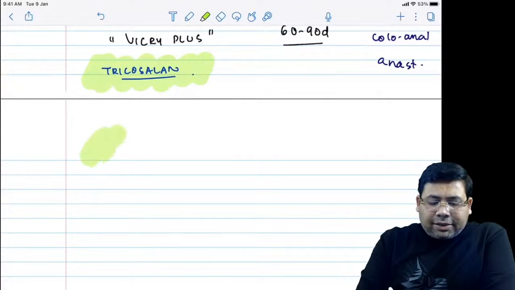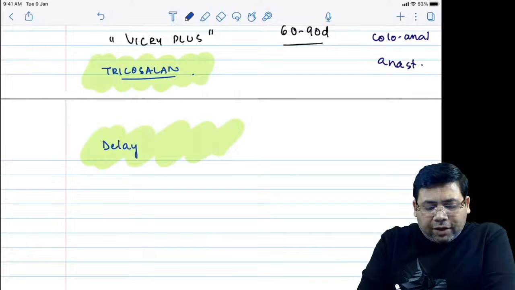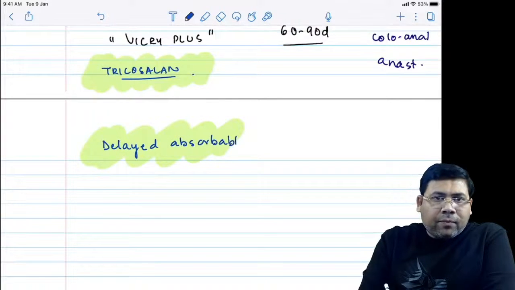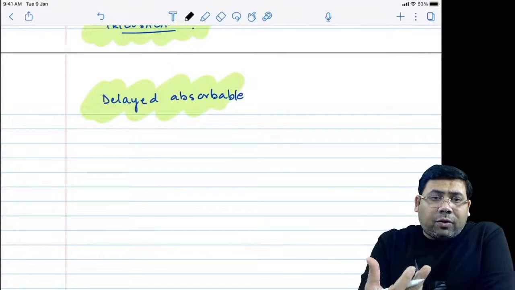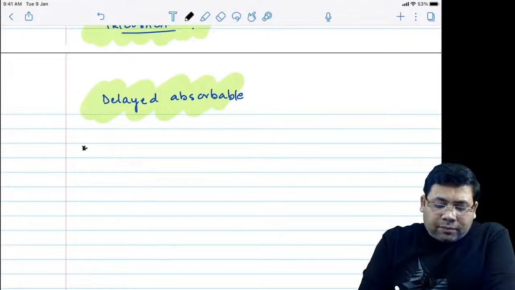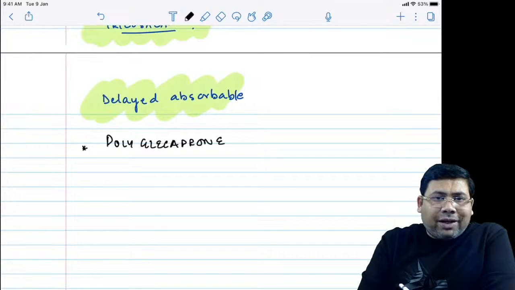The next is delayed absorbable sutures. The first is poliglecaprone. Can anyone tell me what this suture is?